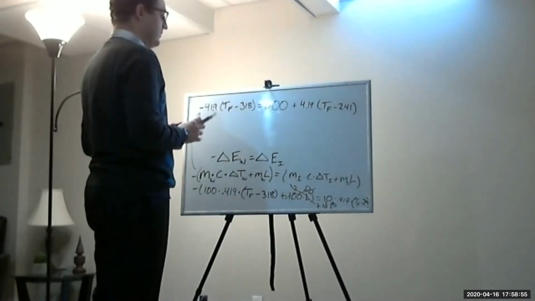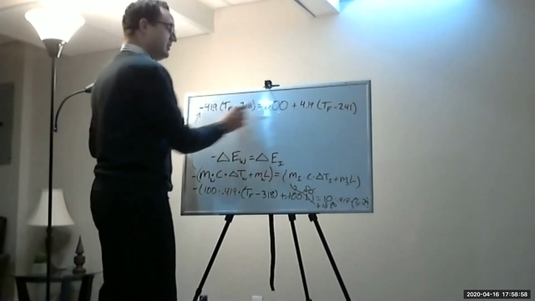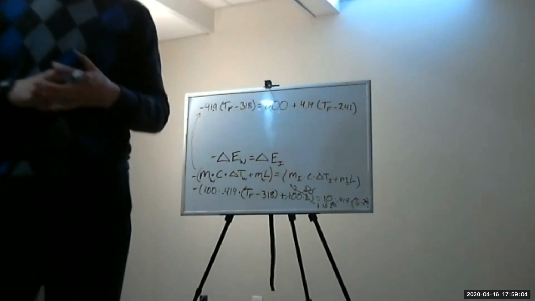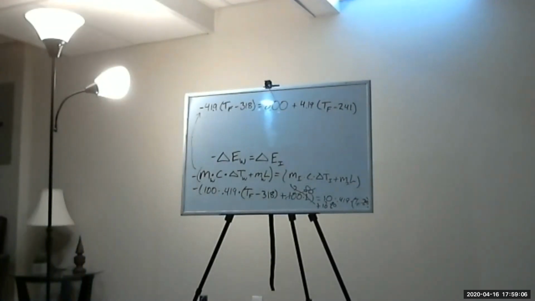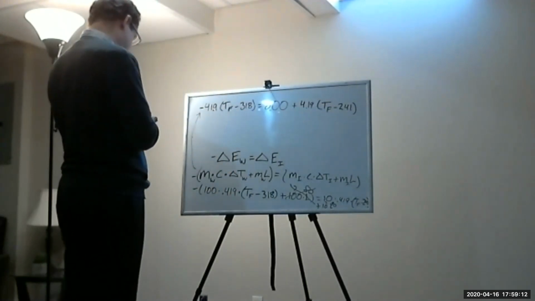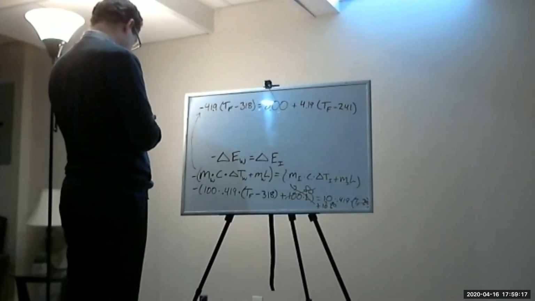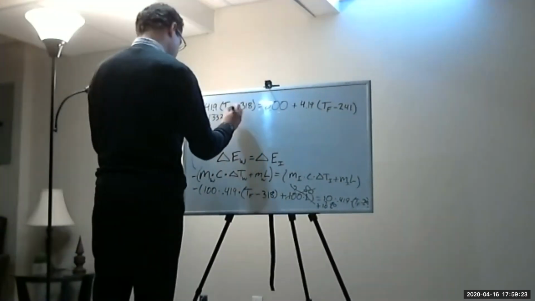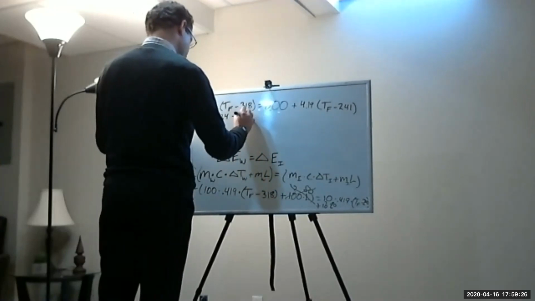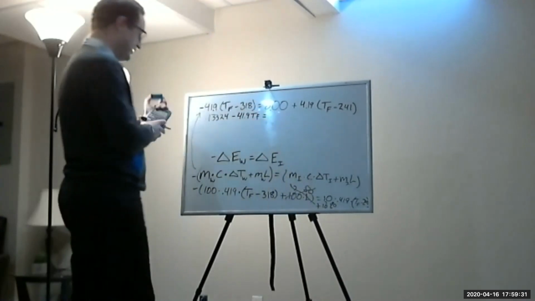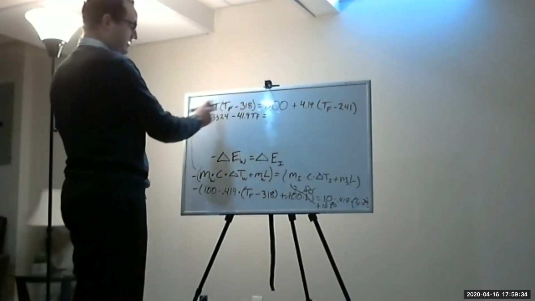Okay. Then what we really want to do is get TF on one side by itself. And so I'm going to have to further simplify this and distribute, but for that I need the calculator. So this times this gives me this number, which comes from multiplying these two together.